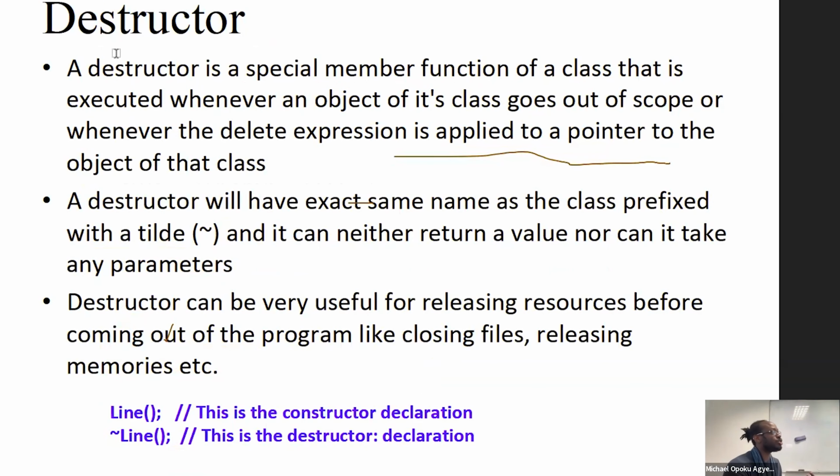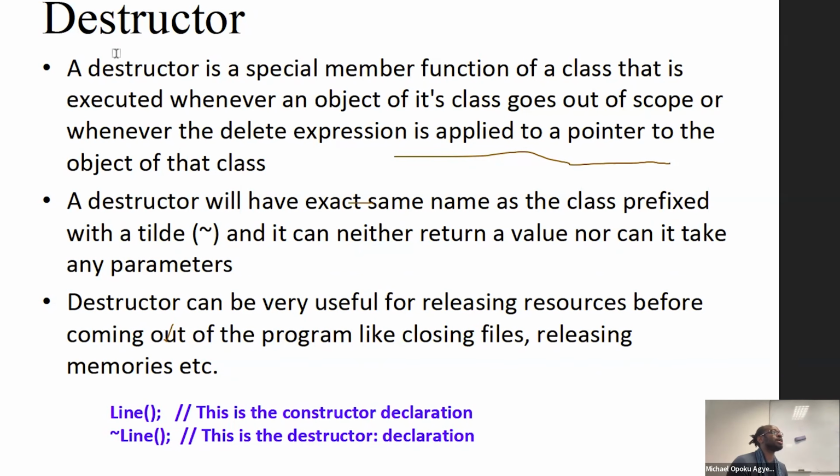We've looked at the constructor, which is the function that is called automatically when an object of the class is created. Think of the way that when we create variables, we are creating a space in memory to hold that variable. In the same way, when you create an object of a class, it's going to occupy space. So when the object is about to exit and you want to destroy it, it's going to free up memory space.